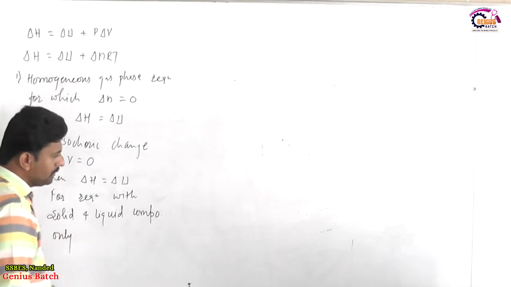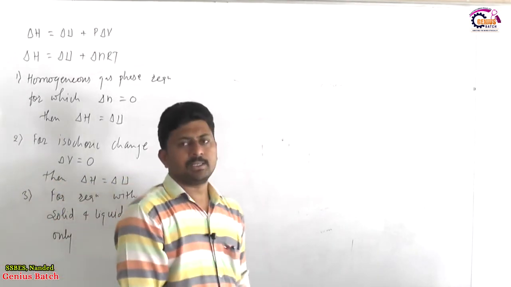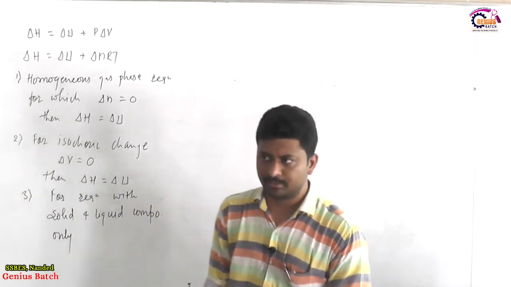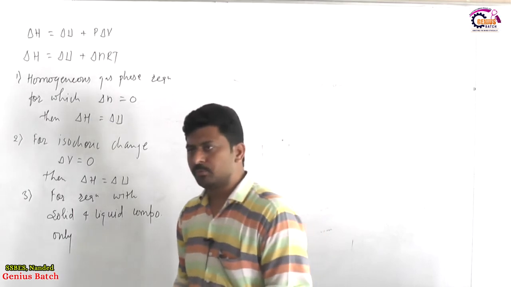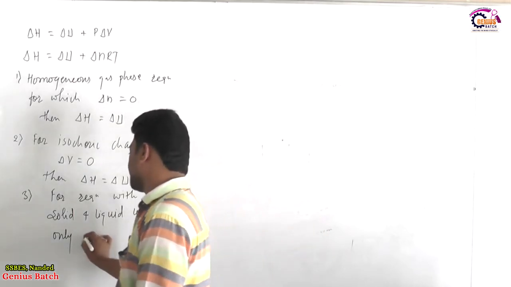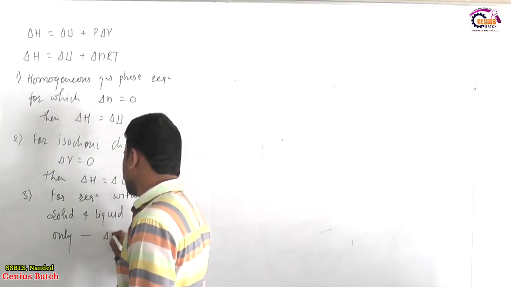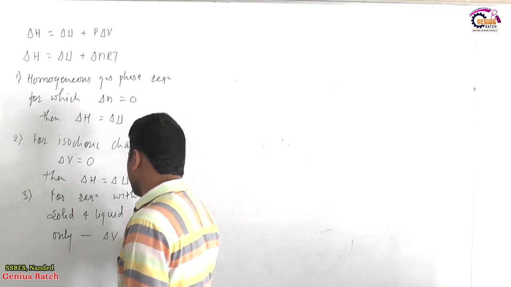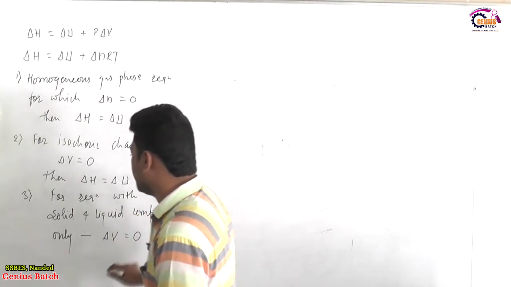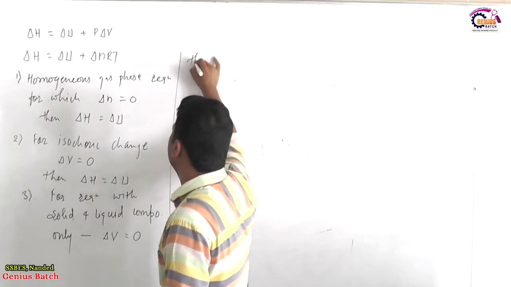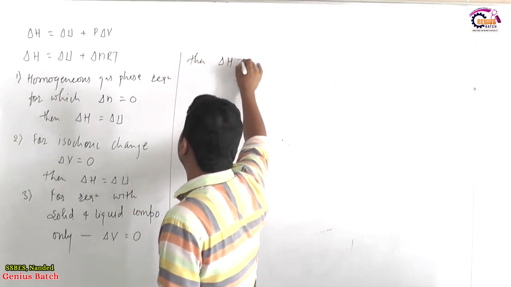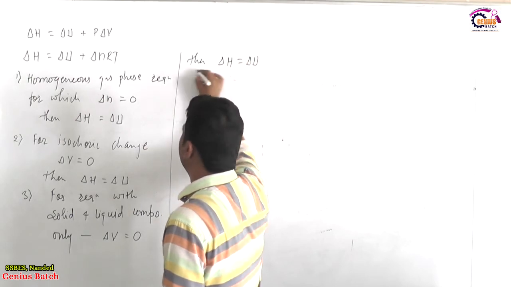When it is solid or liquid, the change in volume is not very significant. Delta V we can say is 0. So for such reactions involving only solid and liquid components, delta V is 0. And when delta V is 0, in conclusion we can say delta H is equal to delta U.